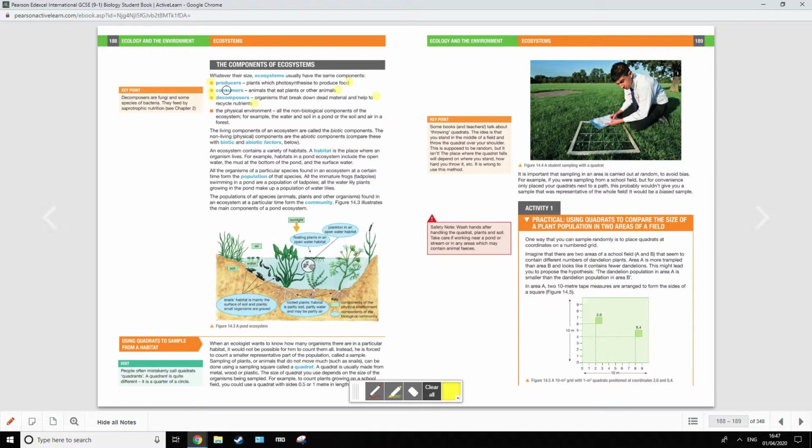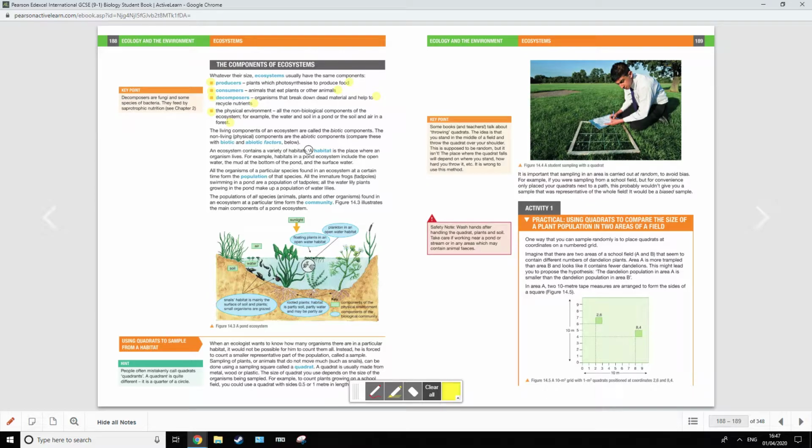And also, besides the living things, you will have a physical environment. The physical environment is all the non-biological components of an ecosystem. For example, the water and soil in a pond, or soil and air in a forest, like I mentioned to you. The living components of an ecosystem are called biotic components.